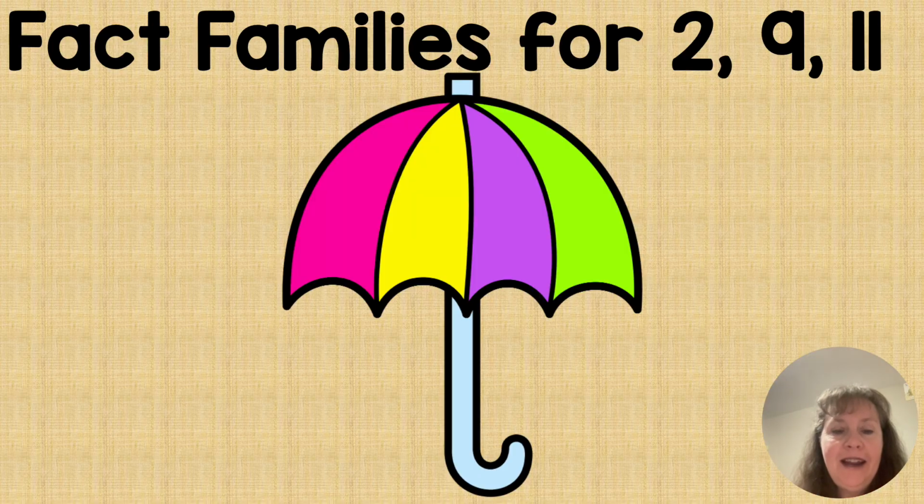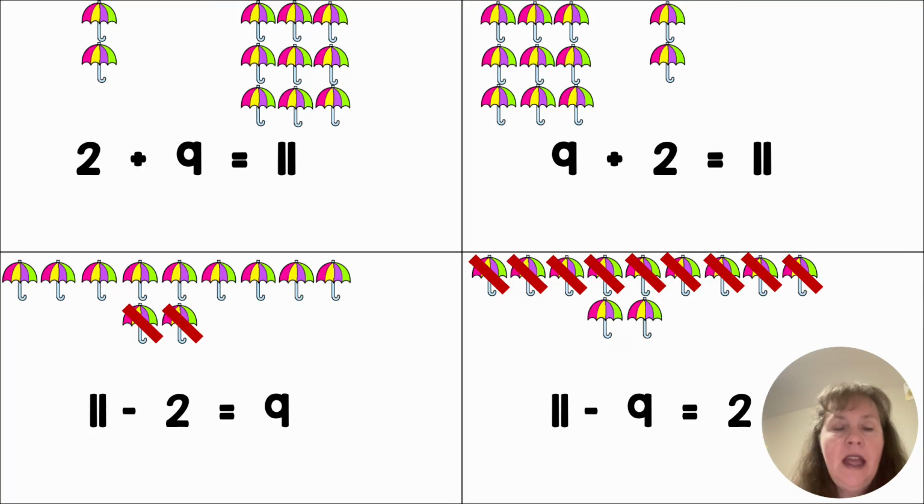All right, here is our last example, which is fact families for 2, 9, and 11. And we can see the exact same thing here, where we have 2 umbrellas plus 9 umbrellas equals 11 umbrellas all together. We can switch that 2 and 9, and we can start with the 9 this time.